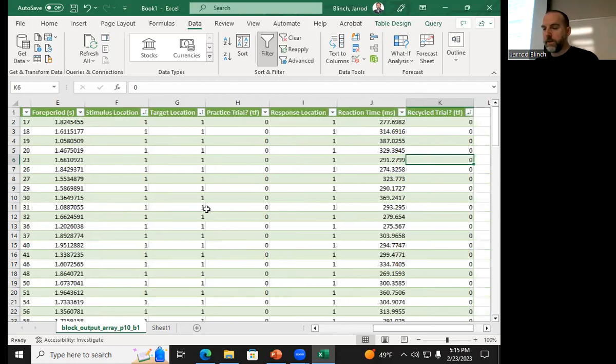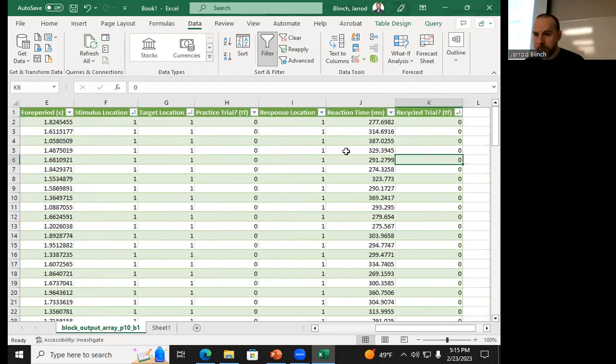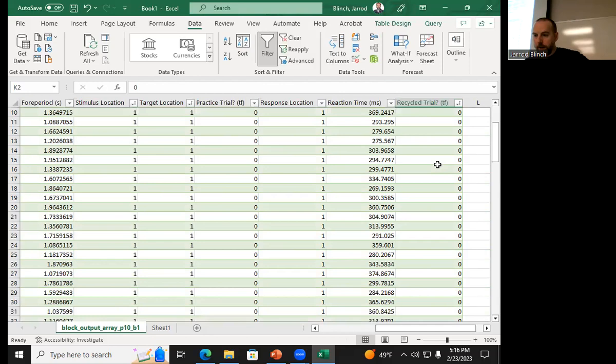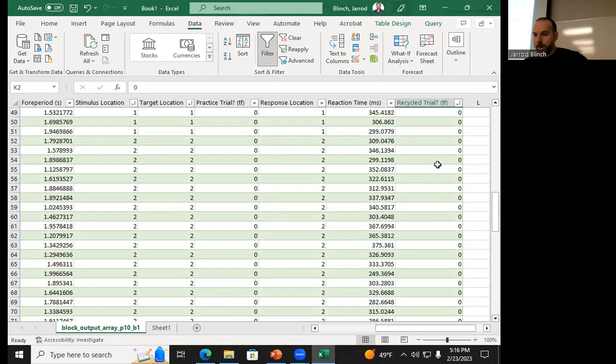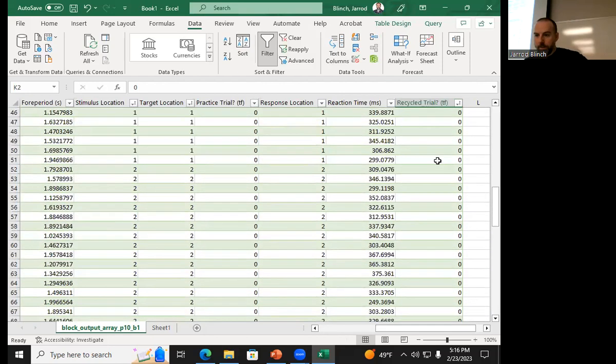And first we want to look at the number of bad trials for a left stimulus and left response. So we have left stimulus, left response. We're going to see, were there any incorrect responses, any bad trials? And no, see, these are all 0. We're not seeing any 1s.